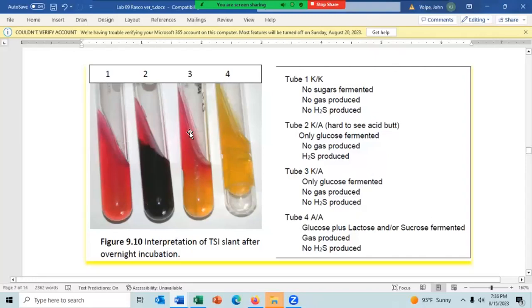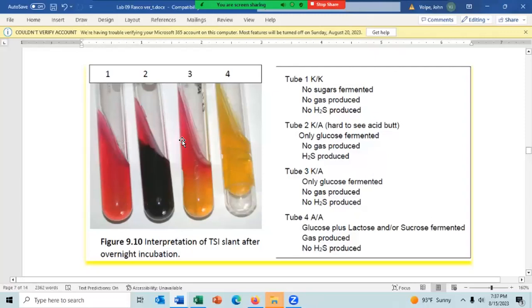If initially we looked at the fermentation before a day or before 2 days, this is, I guess, the TSI, we would have seen that the slant would have been yellow at some point early on. But now it's red because the bacteria, once they use up all the glucose, that produces yellow because acids are being produced.